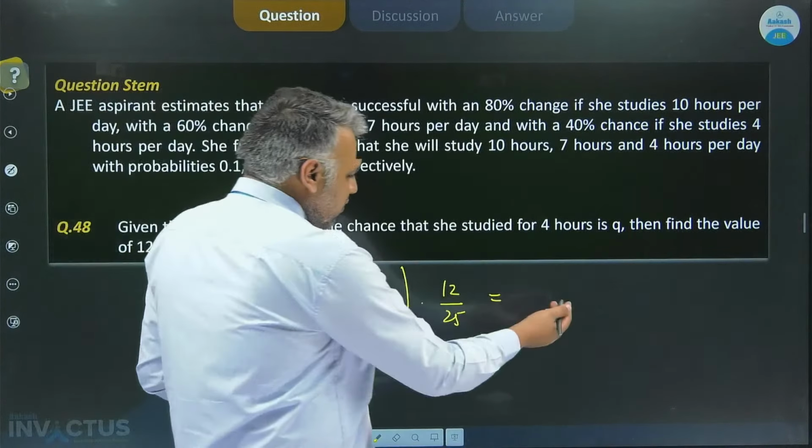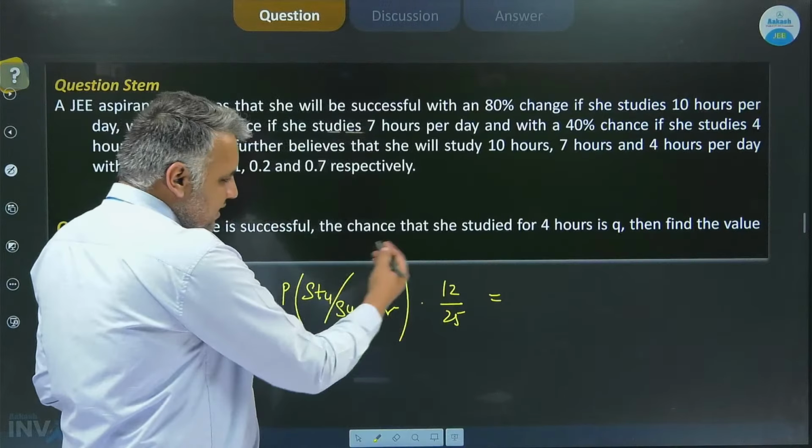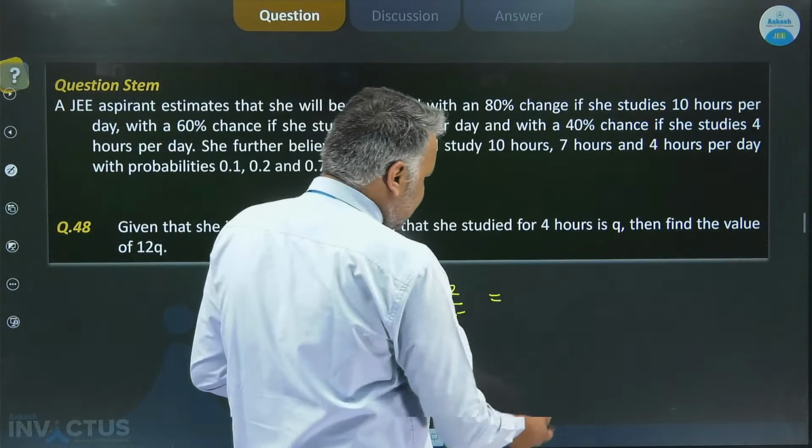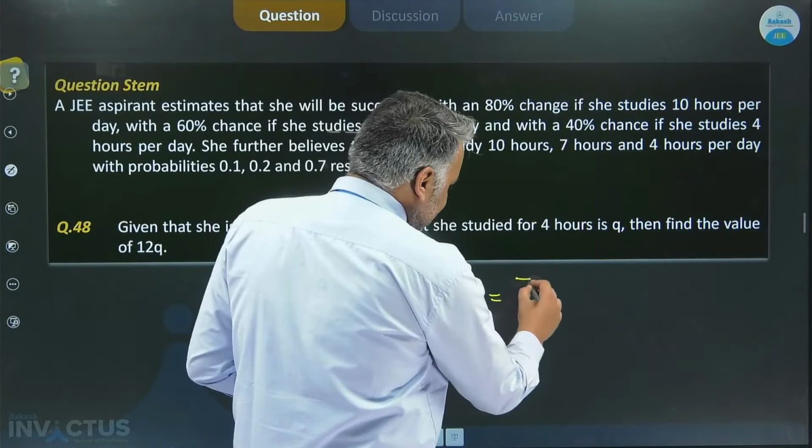So that must be equal to the probability that she studied for 4 hours, which was given 0.7, or 7 by 10.